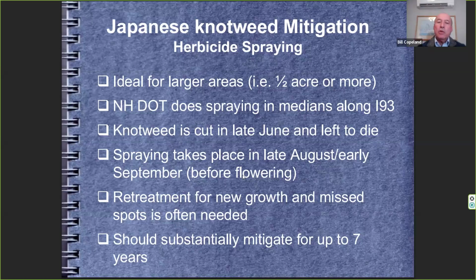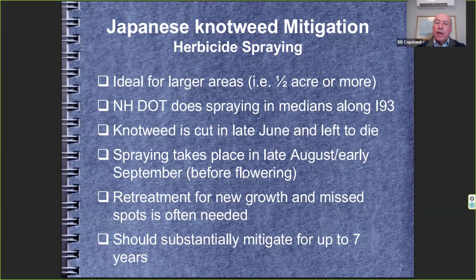In our case, in working with our applicator, the cut in late June, and you leave that knotweed to die. You can collect it if you wanted to, put it on a tarp for drying. You could perhaps burn it later or bag it up later, or you can just leave it there.